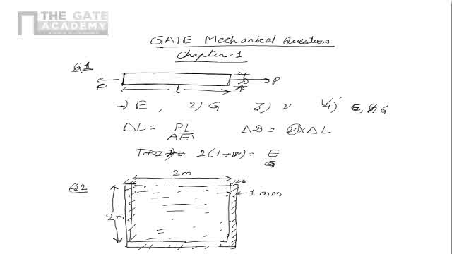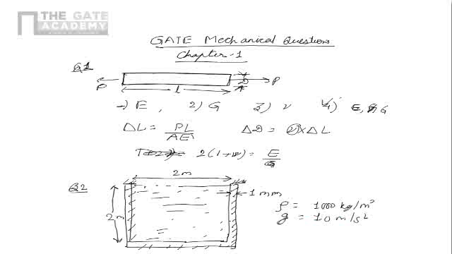The density of water is 1000 kilogram per meter cube. The value of g, the acceleration due to gravity, is 10 meter per second square. These values are provided. The self weight of the cylinder is negligible.